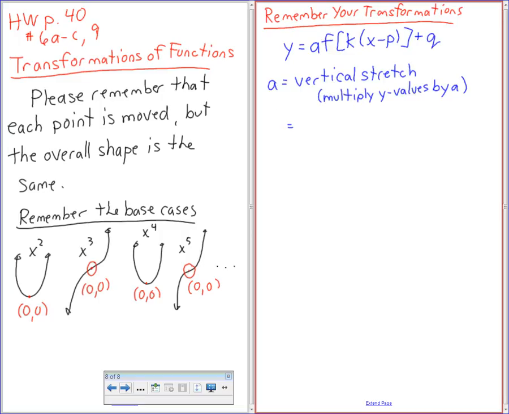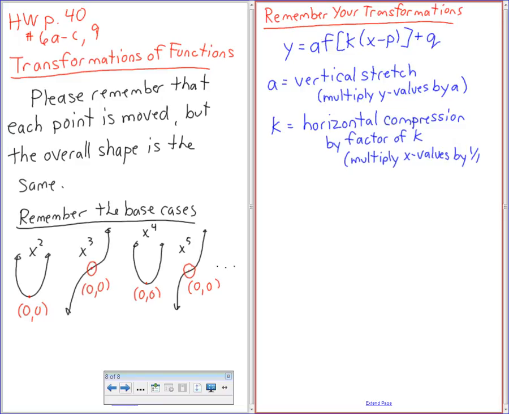You guys are right on top of it. Okay, so it's a horizontal compression of 2. It means you're going to divide your x values by 2. That's what it means. Or multiply by 1/2.